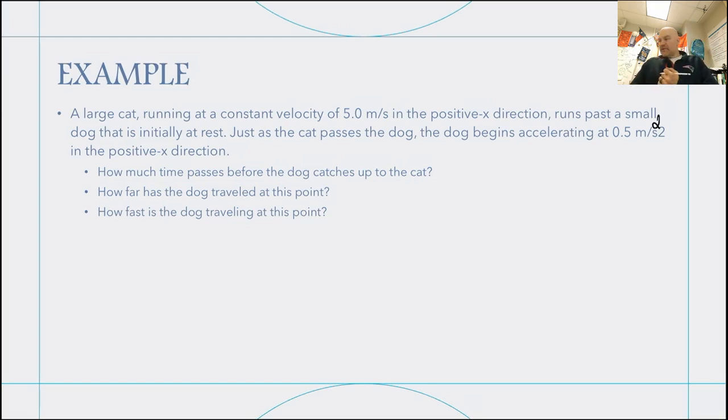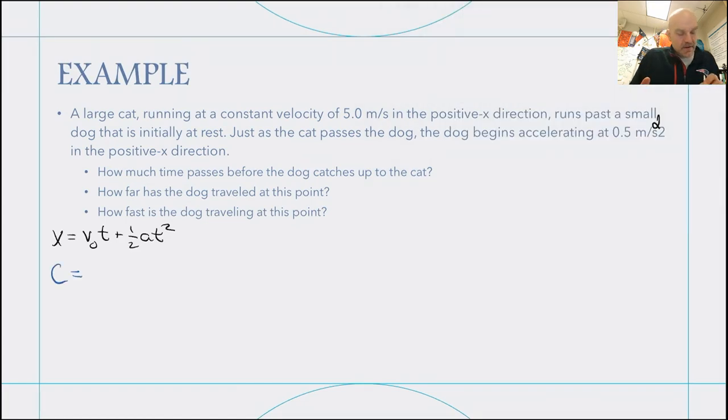Here we could do vector notation, but notice that both are running in the positive x direction. So what we need to do is write the equation for each one. Generally, we will start with our displacement equation and fit our information to it.